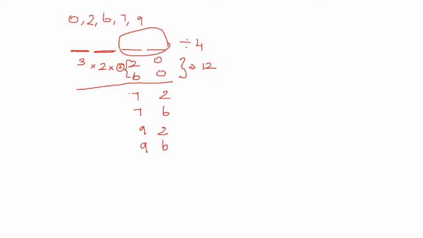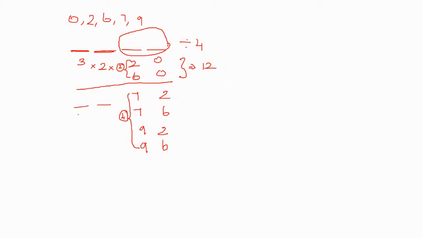And in the previous case, 72, 76, 92, and 96. So four possible values for the last two digits, and then we go for the previous digits, the thousands place and hundreds place.